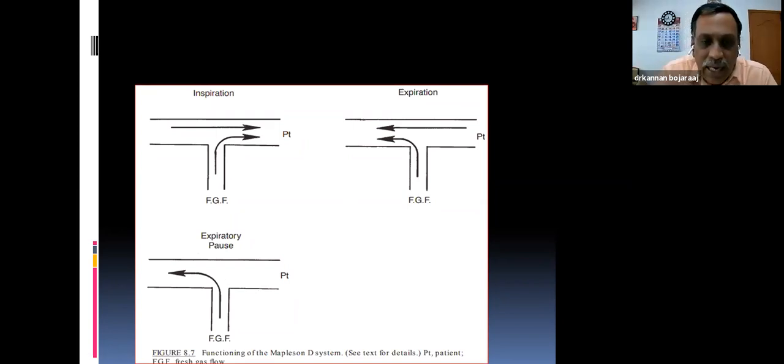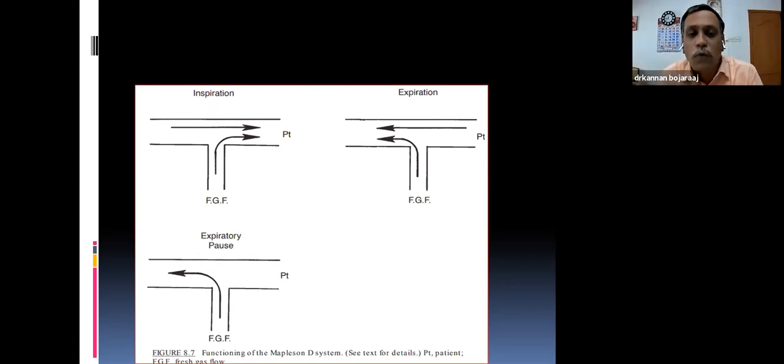There is nothing coming from the patient because the patient is in a pause state, and the fresh gas flow is going to the expiratory limb to vent the mixed alveolar gases which are present in the expiratory limb. That is the point of concern.